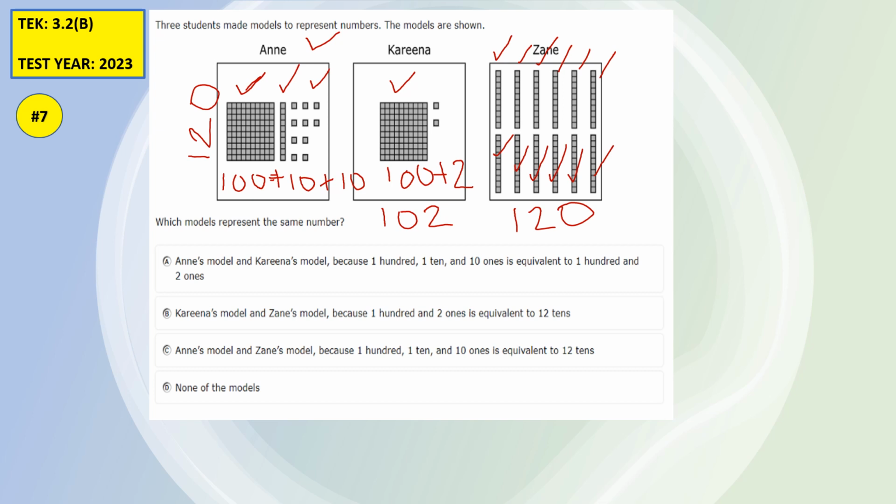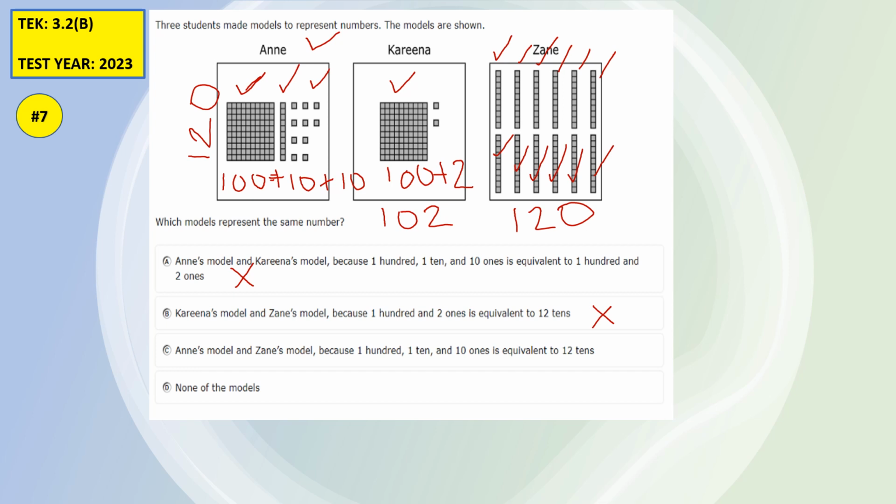So we need to find the answer choice that says that Anne and Zane's model are equivalent. Well, it's not A, because A says Anne and Karina. It's not B, because B says Karina and Zane. Let's look at C, Anne's model and Zane's model.